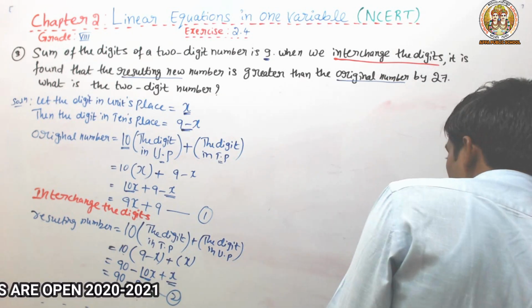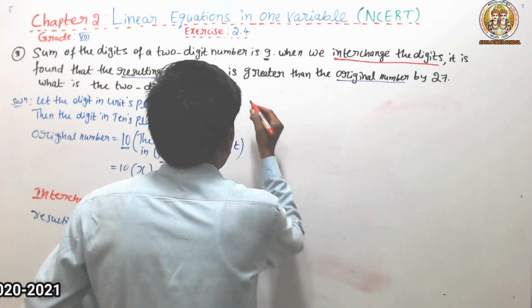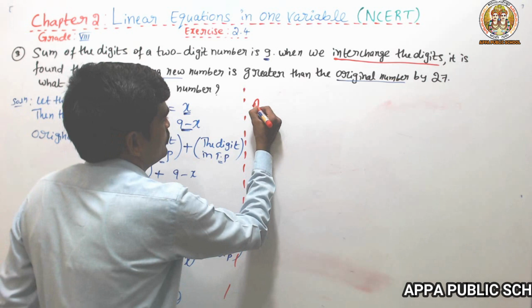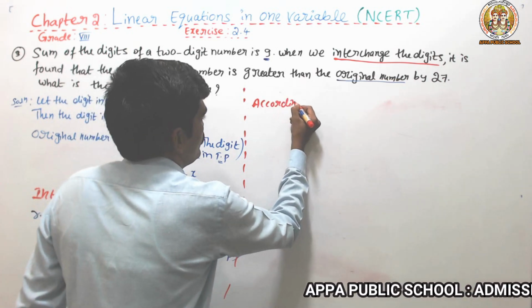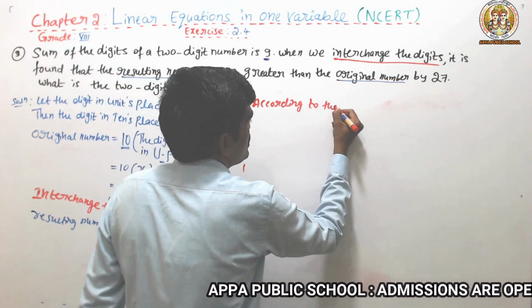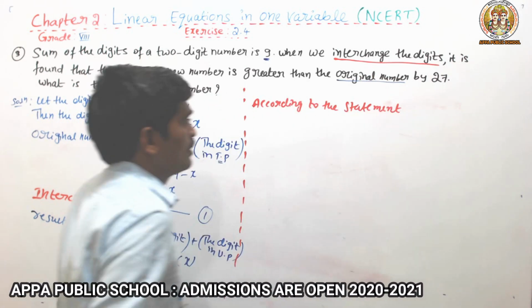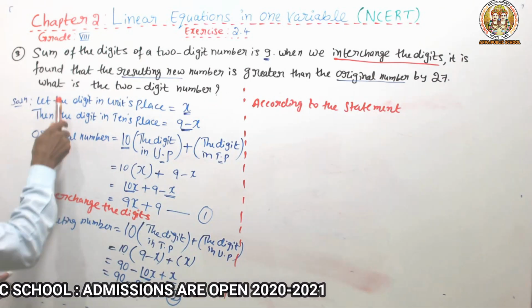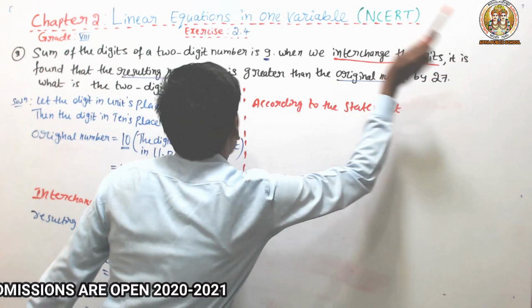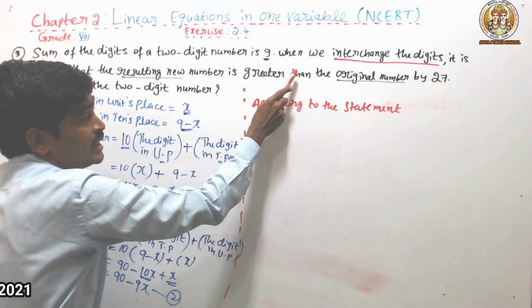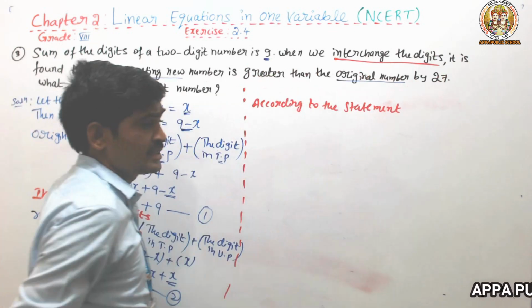Next line, according to the statement. See, my dear students, it is found that the resulting new number is greater than the original number by 27.